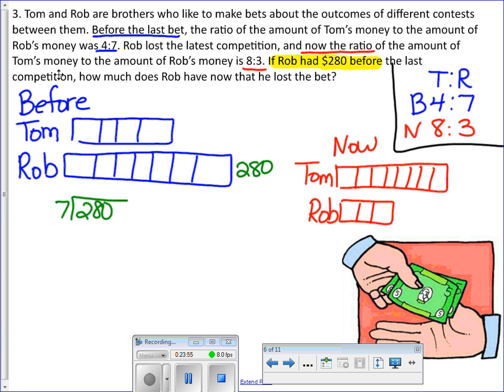What is 280 divided by 7? 40. So 40 is my constant. Anybody not sure where the 280 came from? A good question would be, why did we divide by 7? A good question would be, where did the 40 come from?